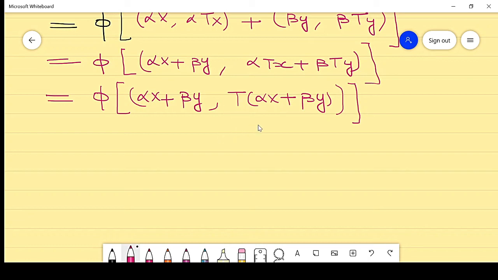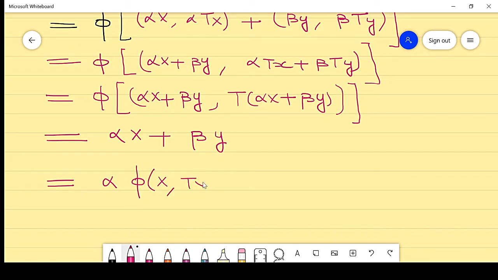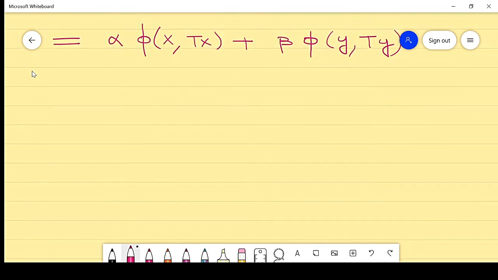Now using the definition of phi, this will be alpha x plus beta y. Again using the definition of phi, this will be alpha phi(x, Tx) plus beta phi(y, Ty). So it proves our first part.